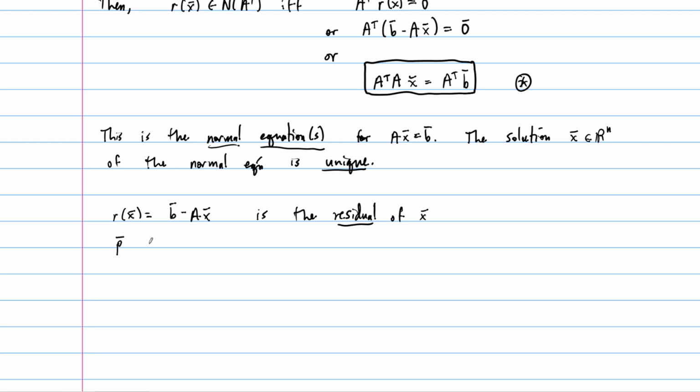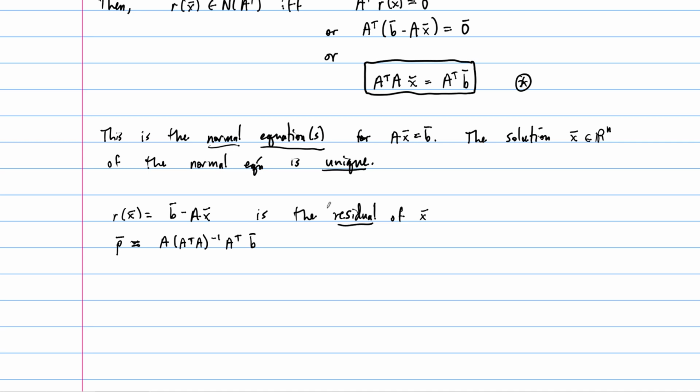Our projection vector p onto the image space, this is the projection of b onto the image space. It's given by the following formula, which is going to be a homework exercise for you to work out. It's A times (A transpose A) inverse, times A transpose times b.